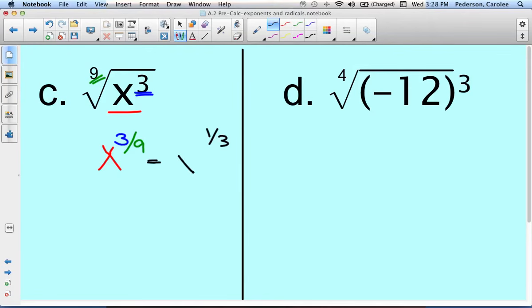So we say x to the 1/3 power. This example, the base is negative 12, and we're raising it to the power of 3. And then our index is 4, so it's 3/4.